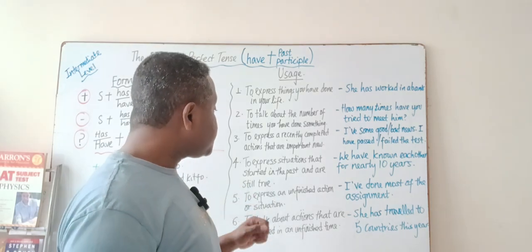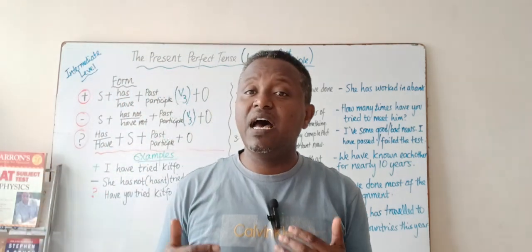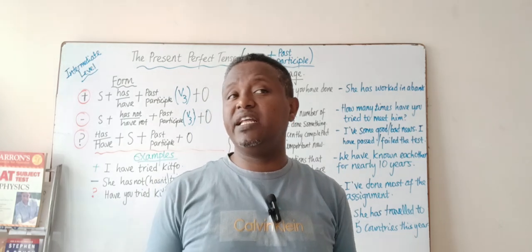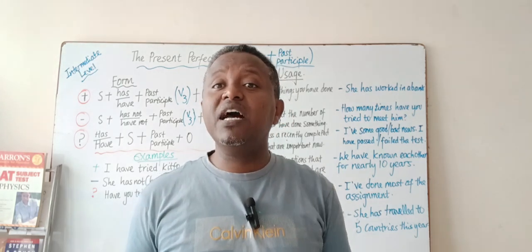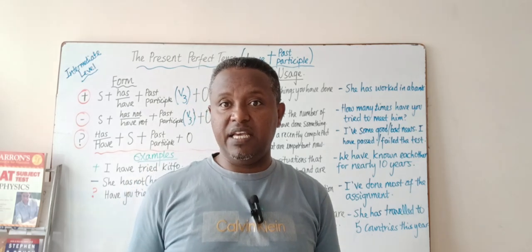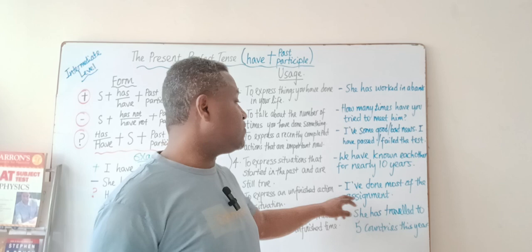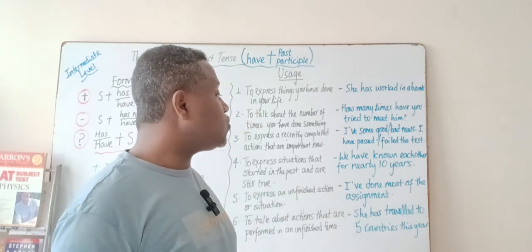The others: to express an unfinished action or situation, and to talk about an action that happened in an unfinished time. In an unfinished time, we can use the present perfect tense. For the first one, for example, I have done most of the assignment.